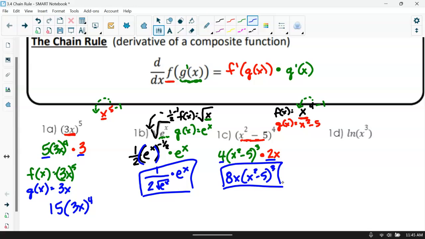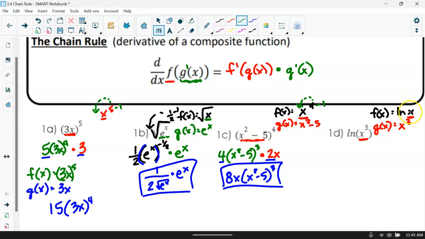So here, we'll do one more. So again, identify, what is the outside function? What is the f of x? It's the natural log of x. But remember, it's not just x. What is the function g in the place of x? x to the third. So our outside function times inside function derivative. Here we go.